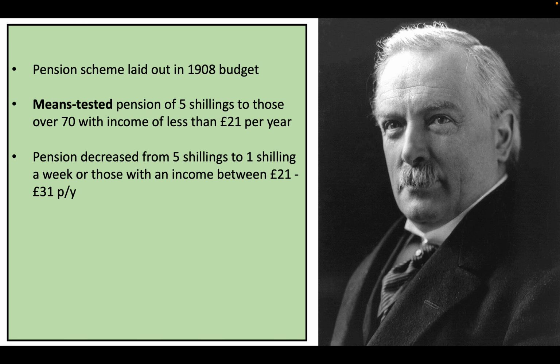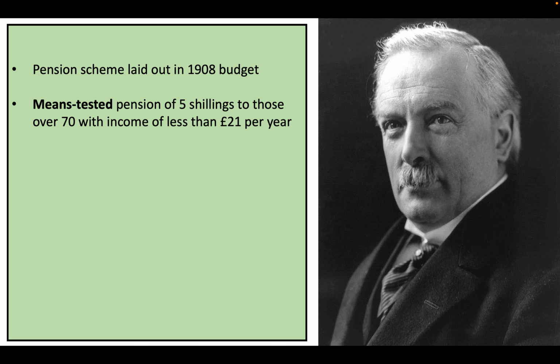So, pensions are the first social reform that the Liberal government pursue. So, Asquith is actually working on the pension scheme when he's Campbell Bannerman's Chancellor. And the plan is a means-tested pension of 5 shillings a week to everybody who earns less than £21 a year, if they are older than 70 years old.